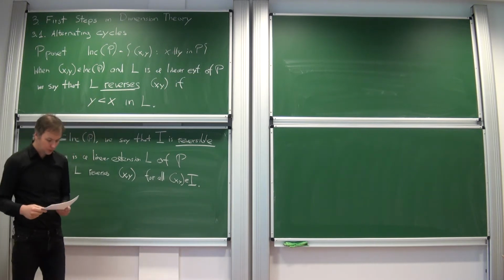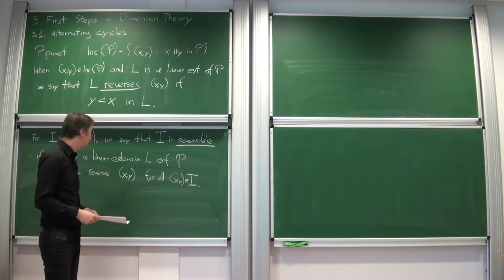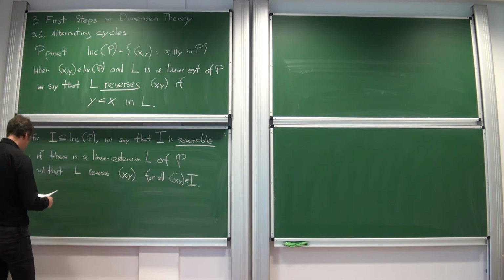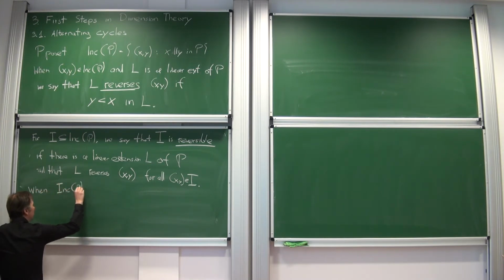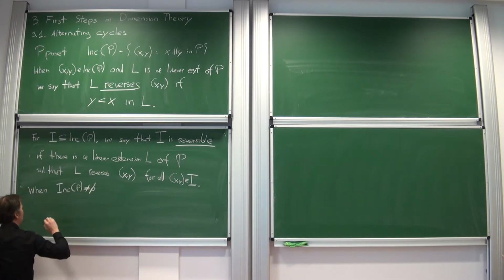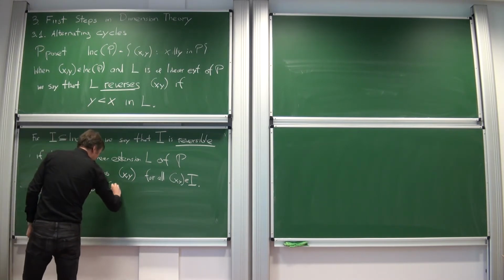So this is the thing. And obviously, the set of incomparable pairs of a poset is not empty exactly when P is not a chain.